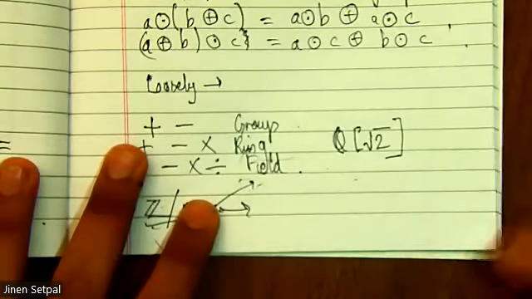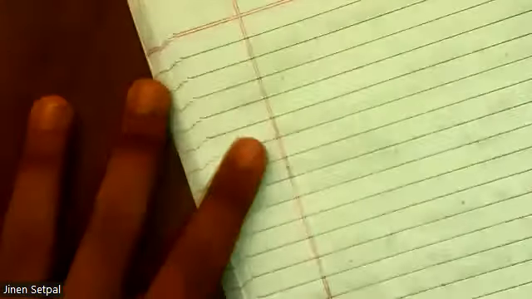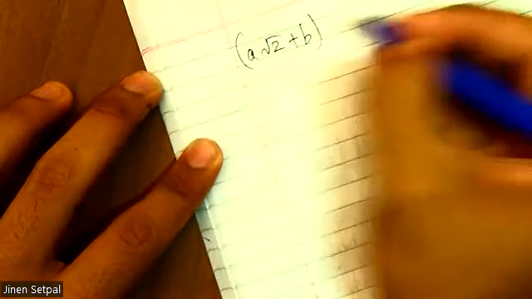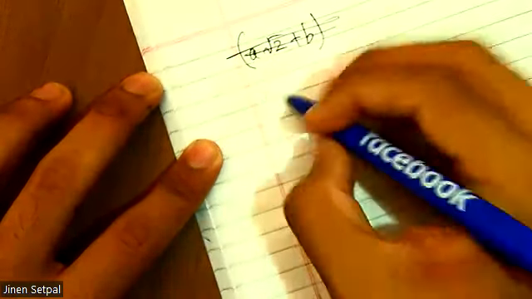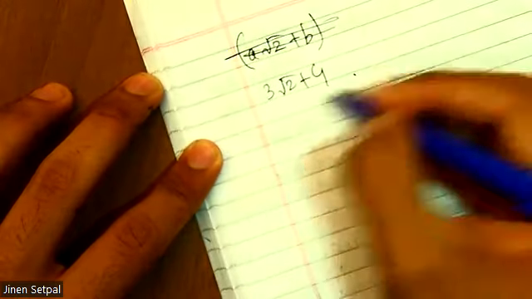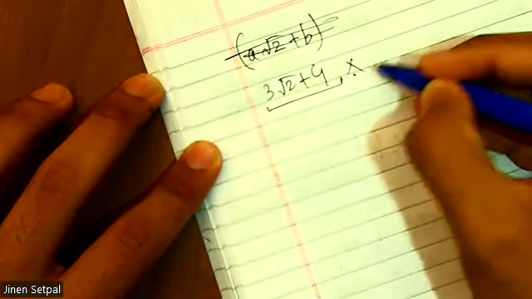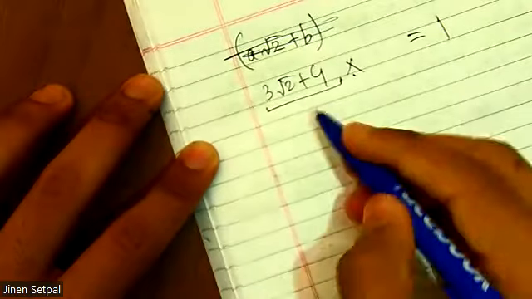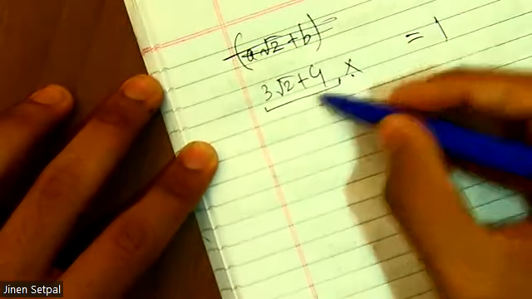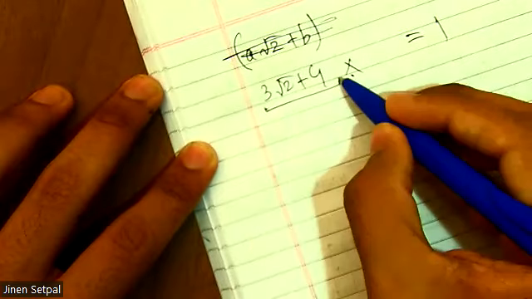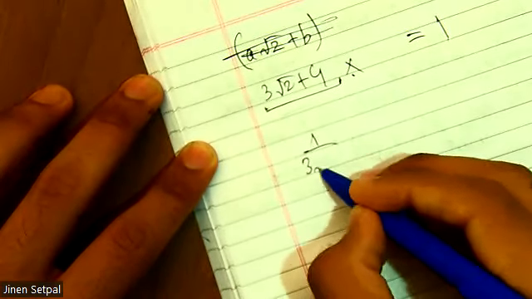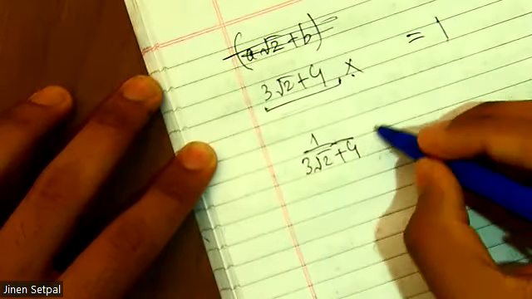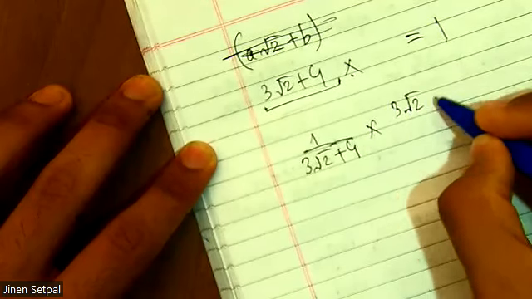For instance, if we were to obtain the inverse of, say, a root 2 plus b, say 3 root 2 plus 4, you would basically obtain that by first getting the genuine inverse of this, which is 1 over 3 root 2 plus 4, and then making this irrational fraction rational using the negative of it.